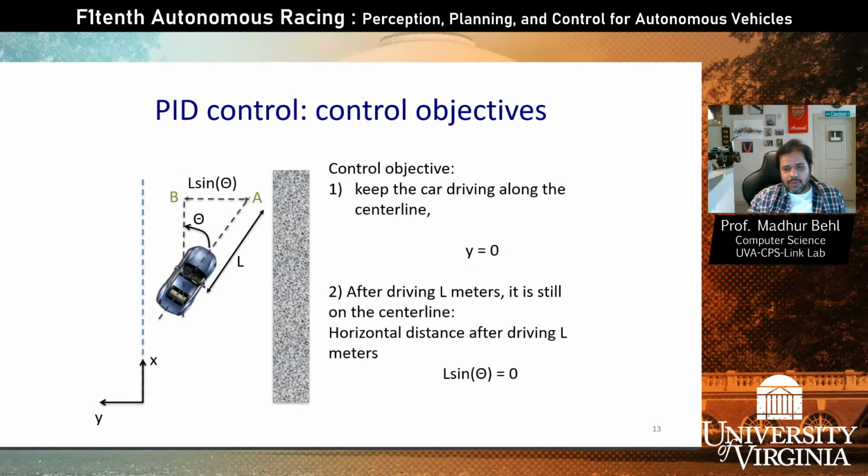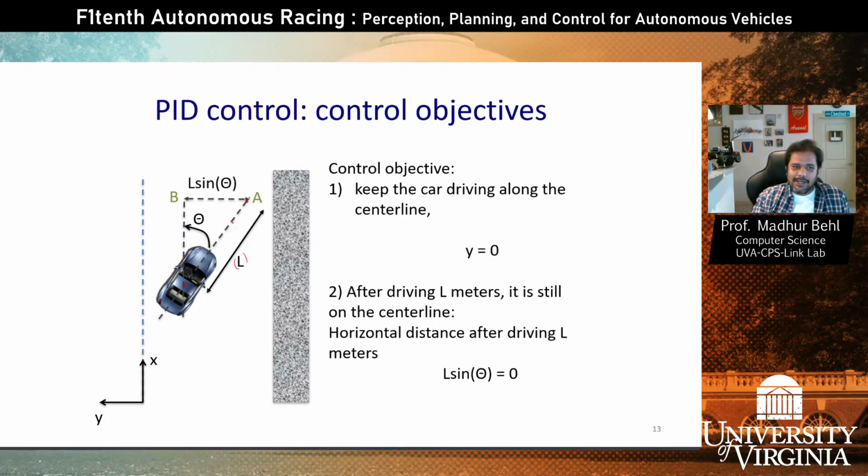And so to do so, what we can do is the same trick as the following. We want to say that we don't just want to satisfy this instantaneously, but we want to compute our expected error in the future. So we project the position of our car some distance L into the future.